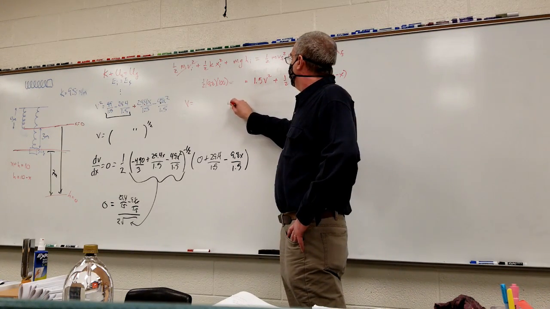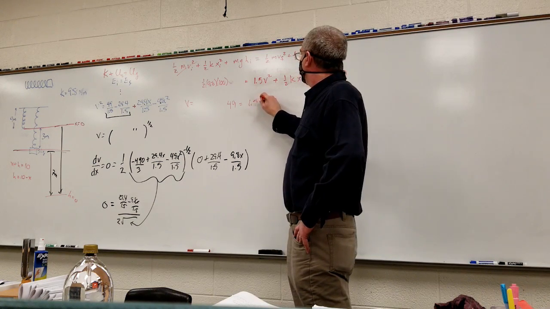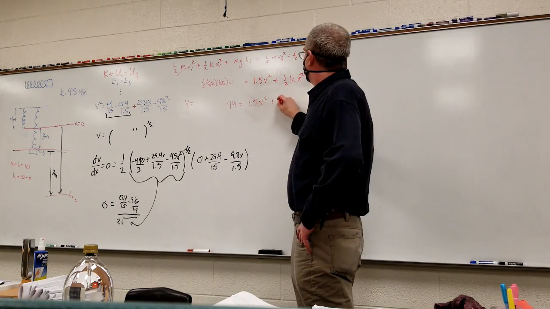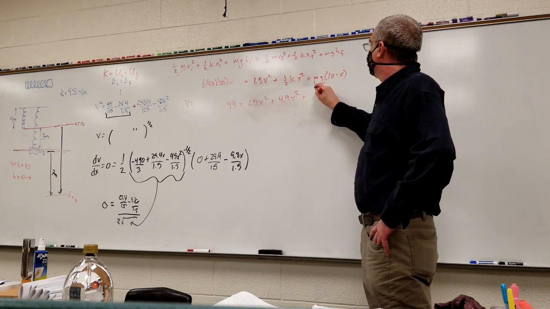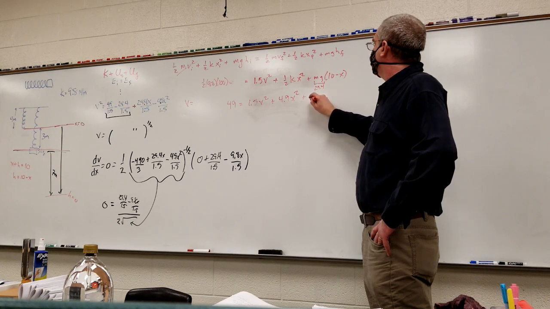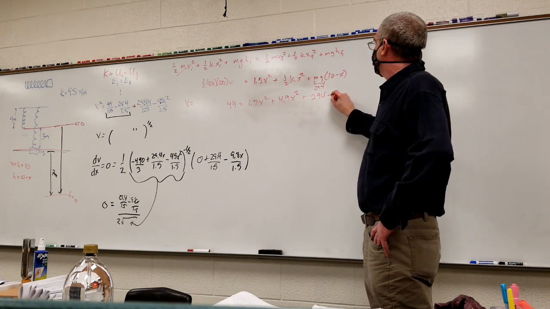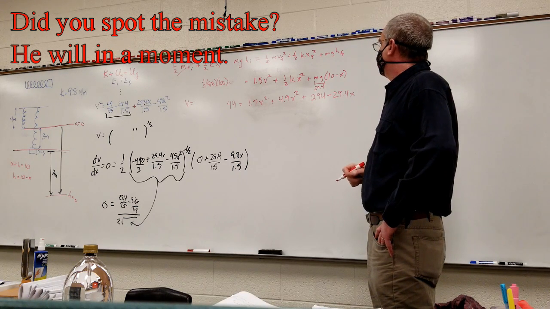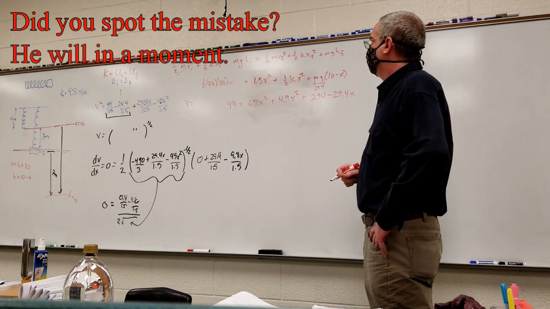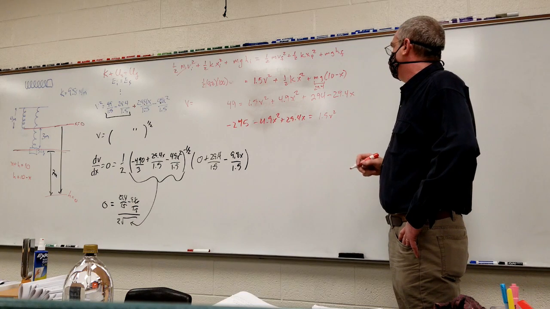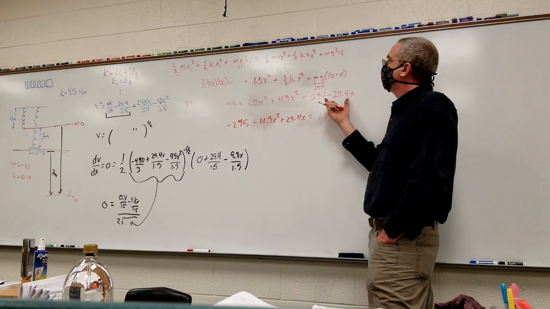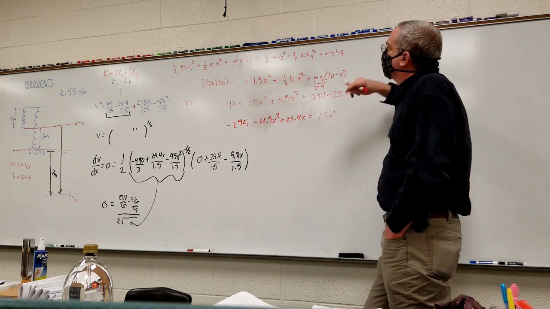So that's 49 plus 1.5 v squared plus 4.9 x squared plus, this is 29.4, so that becomes 294 minus 29.4x. That goes over, that goes over, that goes over.